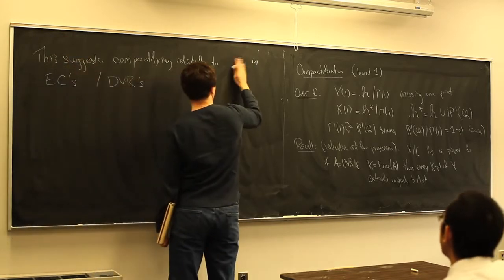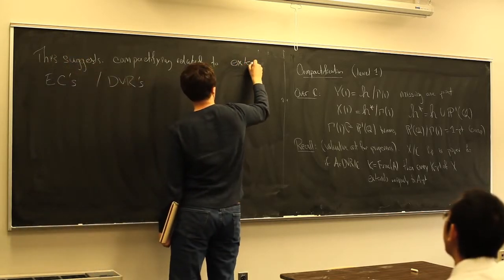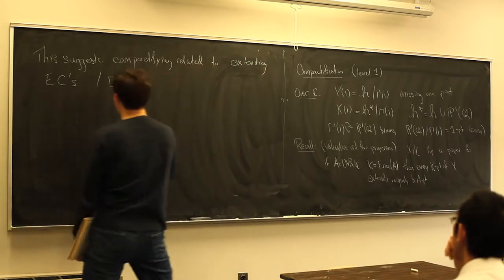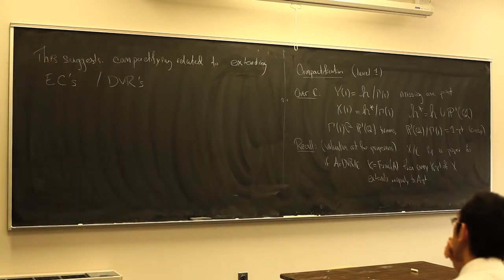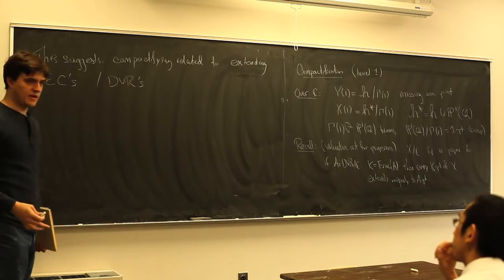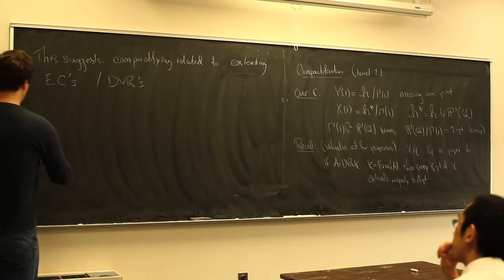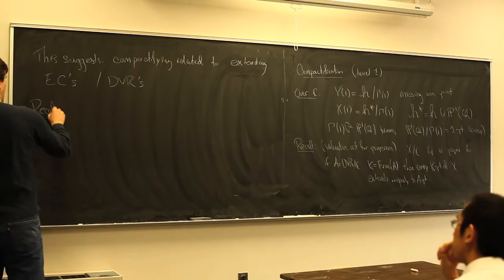Maybe I should say extending elliptic curves over DVRs. And this is something that we talked about and we understand very well, right? So in particular, we have the semi-stable reduction theorem. So let's recall that.